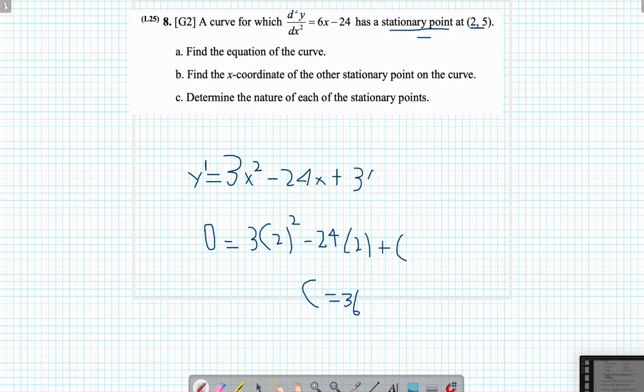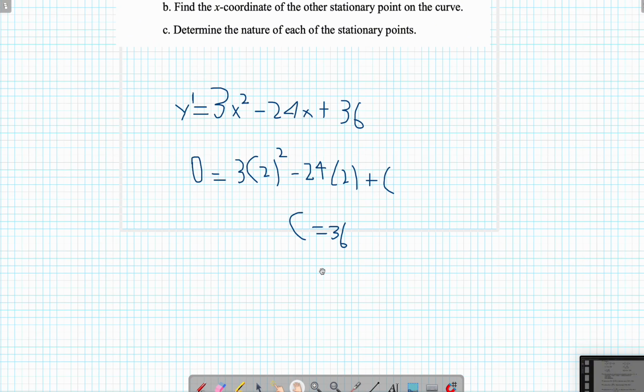And then now to find the equation of the curve, we integrate again. So that will give us x cubed minus 12x squared plus 36x plus c is equal to y.